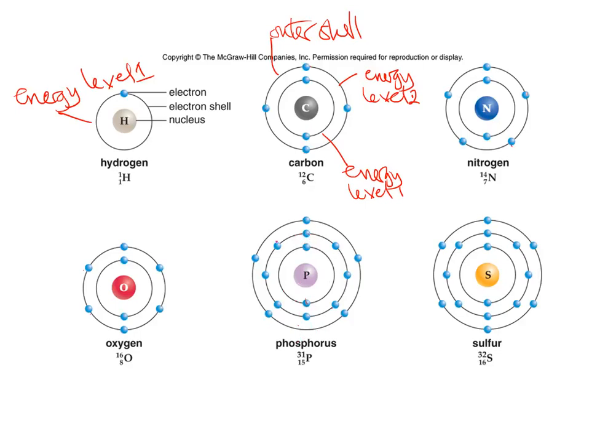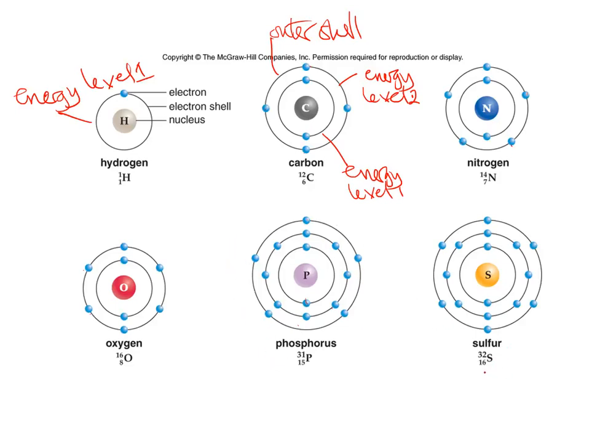The second shell cannot have more than 8 electrons. Therefore, once we get to 8 in the second shell, we need to jump and go fill the outer third shell. So you can see 1, 2, 3, 4, 5.